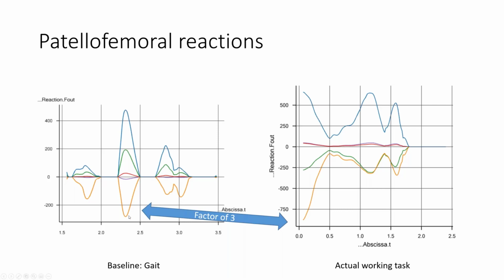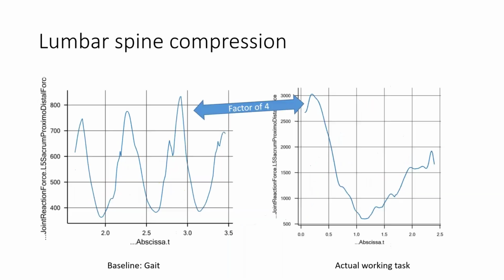And you can see that we go to a value of about maybe 250 Newton negative for the gait cycle. And over here in the lifting task, you can see that in the beginning, where we flex the knees a little bit to lift the box, the forces are actually much higher. They're more than 750. So this is a factor of 3 in difference between gait and the actual working task.